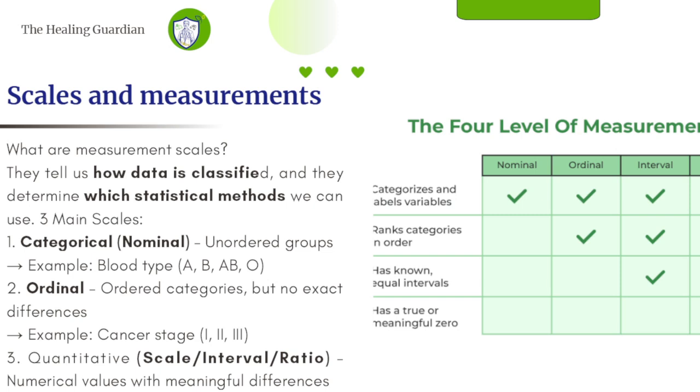Unlike interval scale, we have the ratio scale in quantitative data, where the values that have been recorded can be compared in terms of amounts. If I have measured your weight and this boy is 60 kilograms, the other boy is 10 kilograms, I can say that this one is 6 times heavier than the other one.